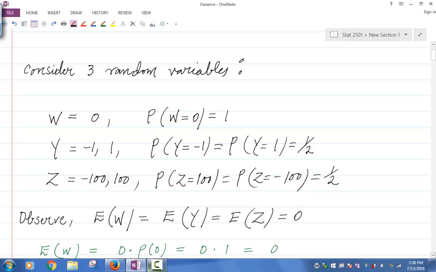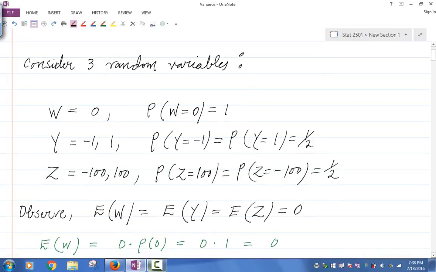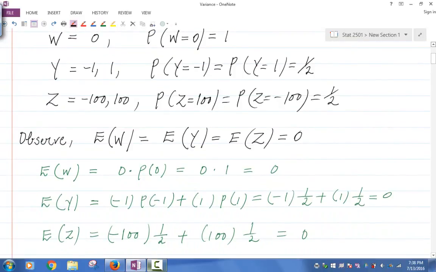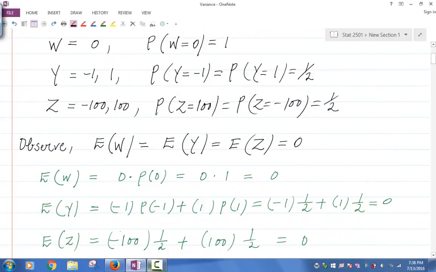Now observe that the mean or expectation of each of these variables is 0. So what's the expectation of W? To find the expectation of W, we multiply each value of W by the associated probability and add them up.